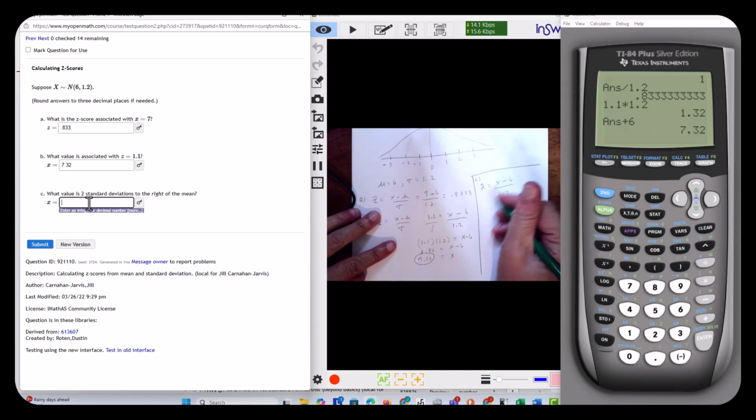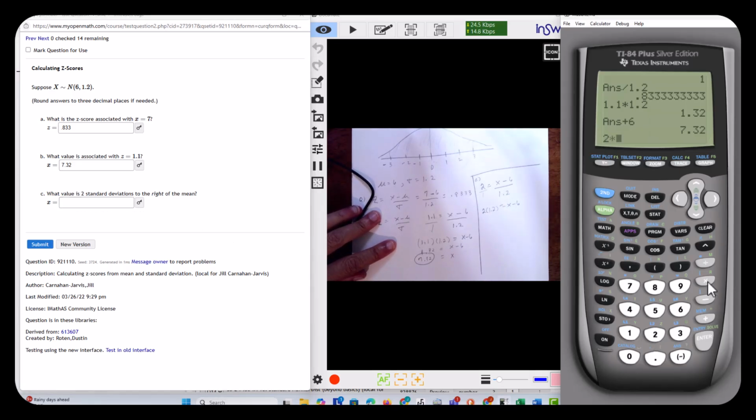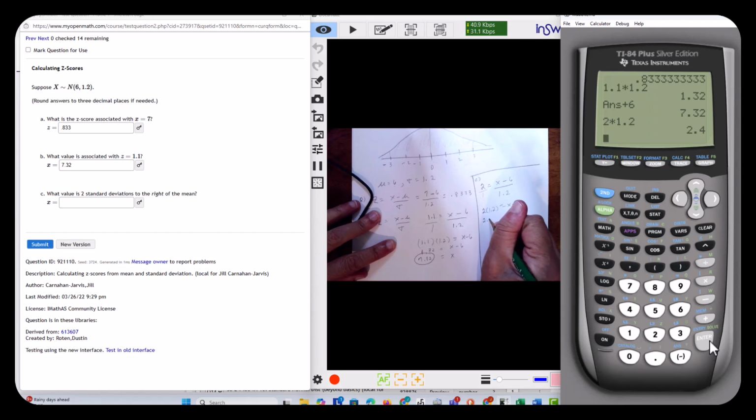We're going to cross multiply: 2 times 1.2, think of that being over 1, is equal to 1 times x minus 6. So 2 times 1.2 is 2.4, which is equal to x minus 6.